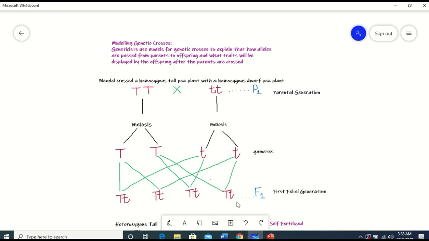All the offspring produced in F1 generation or first filial generation were heterozygous tall. This capital T from here and this small t from here. First one with first one, first one with second one, second one with first one, second one with second one.